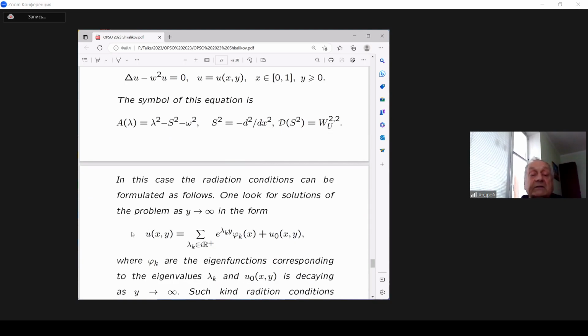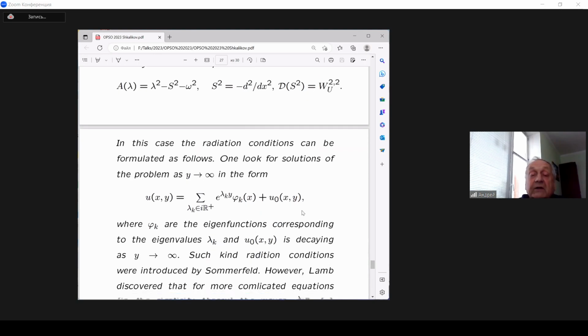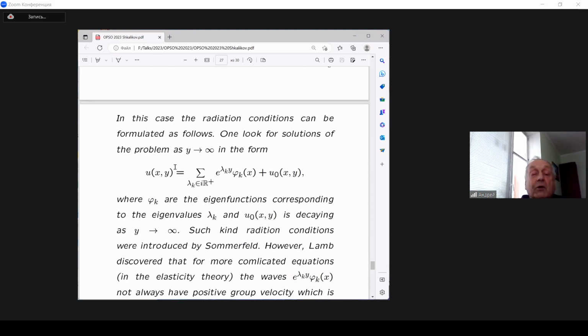In this case, the radiation conditions can be formulated as follows. One can look for solutions of the problem as y tends to infinity in this form, where lambda_k belongs to the imaginary axis, so these waves are evanescent, oscillating, and U0 is a decaying solution.